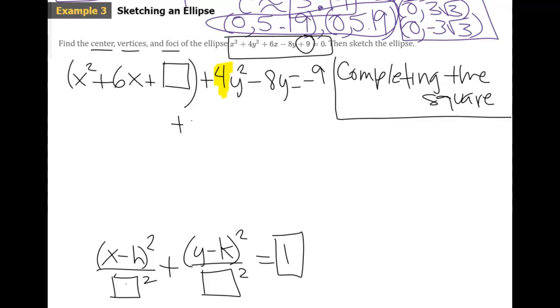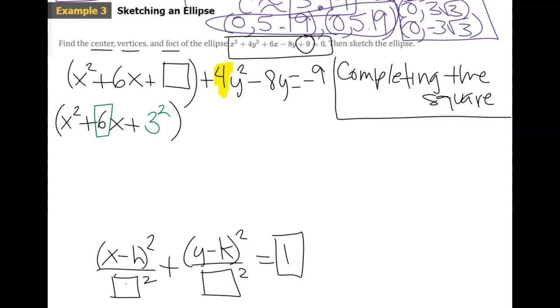So first, let's see if you guys remember how we complete the square. So it's x squared plus 6x. And we're going to take half of 6, half of the coefficient here, which is 3. And we're going to square it. And it's positive 3.